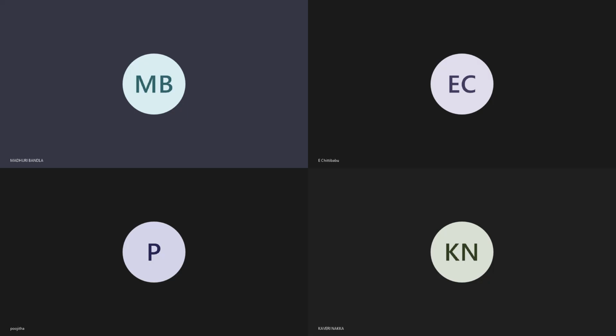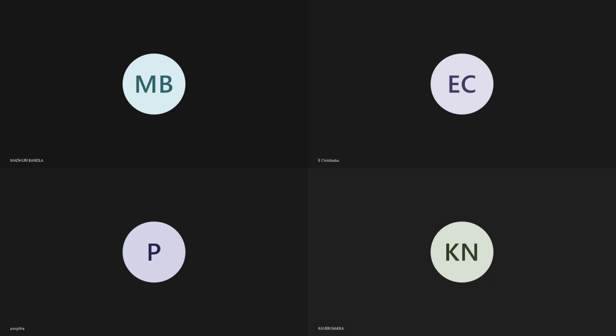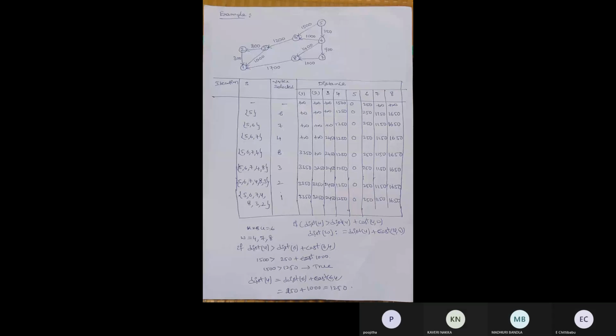Next equal to the next child. Write down these values.